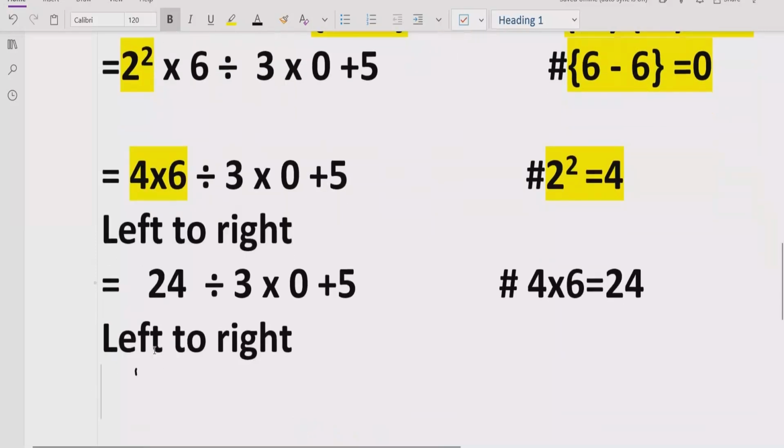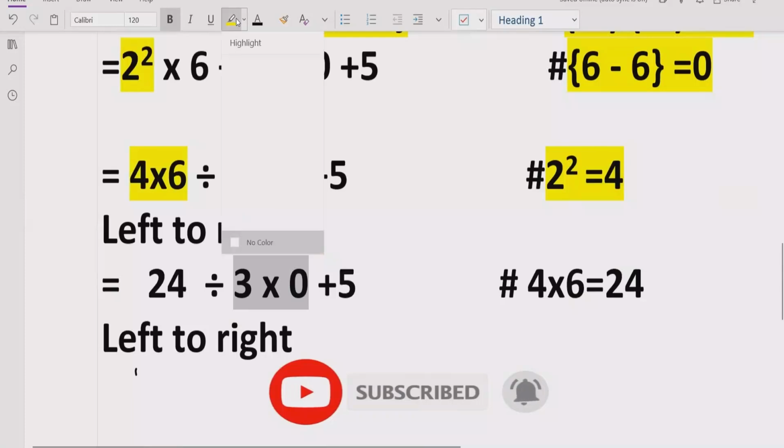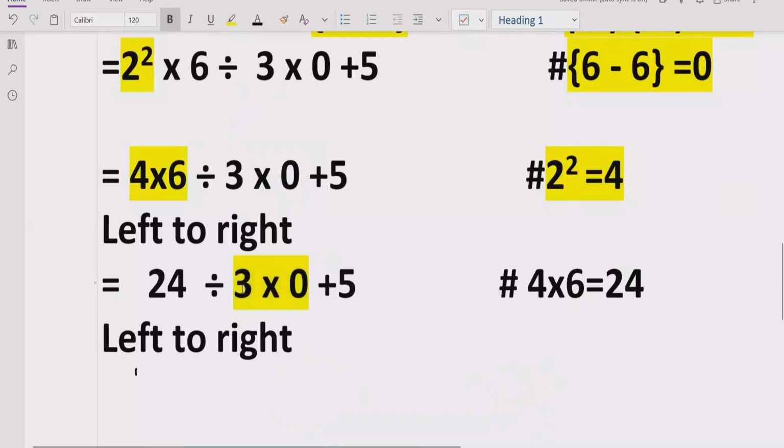Some people say we will solve this part first. Some will say we will solve 3 multiplied by 0 equals 0, and then it becomes 24 divided by 0 plus 5.